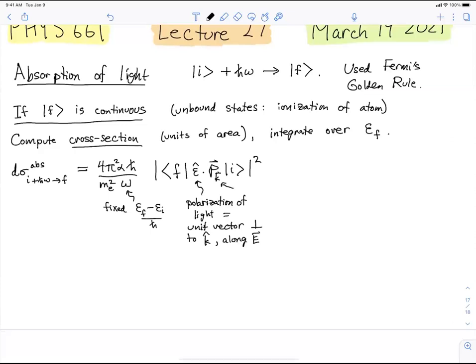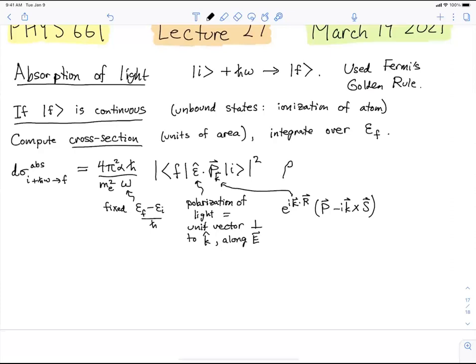Then the other thing in that matrix element is an operator that we identified last time, and it's e to the i k dot r, where r is the position operator, times the momentum operator minus i k cross the spin. So all of those are operators that act on the initial state of the atomic system. Okay, so we compute that matrix element and we have to square it.